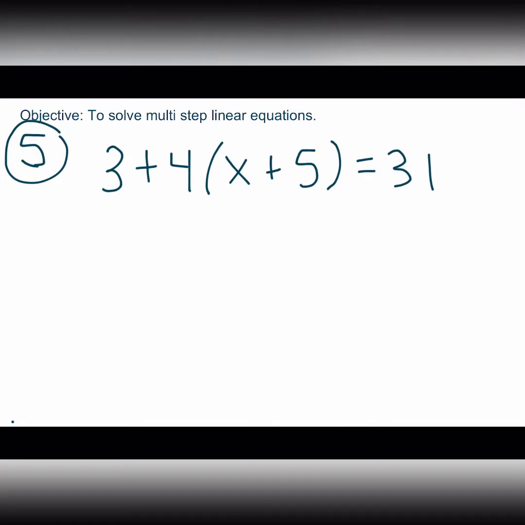Okay, now this one is a little more tricky because we have those parentheses. So our first step is to get rid of the parentheses. So we need to multiply or distribute that 4 into the parentheses. Okay, so I'm going to bring down this 3.